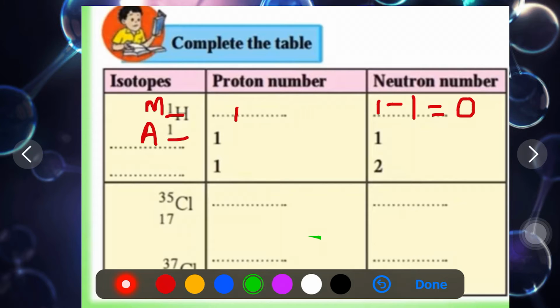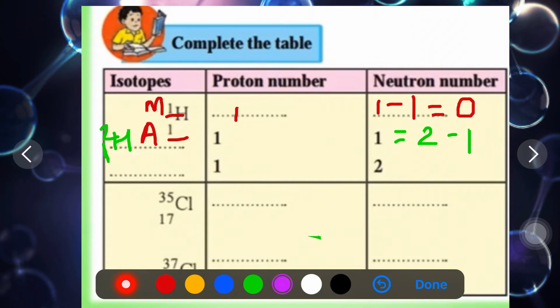So the isotope will be H with 1 down, the same atomic number 1 of hydrogen, because it is the first element. Above will be 2, which means the mass number will be 2. So 2 minus 1 is 1, so we got the neutron number.